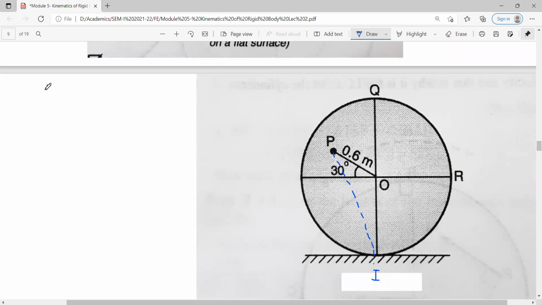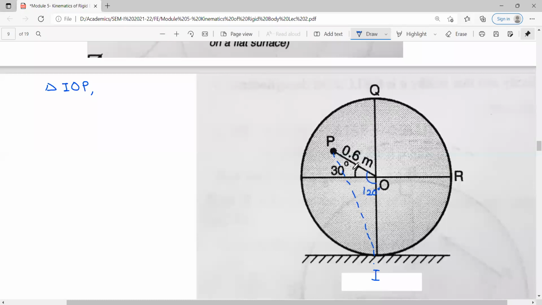So in triangle IOP, this side is given to me, 0.6 meter. Then this angle is 30 degree. This 30 plus this 90, so this angle O will be 90 plus 30, it will be 120 degree. That is known to us.